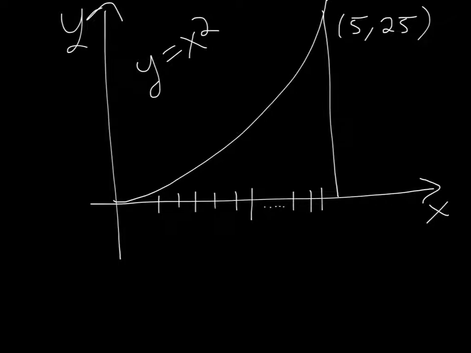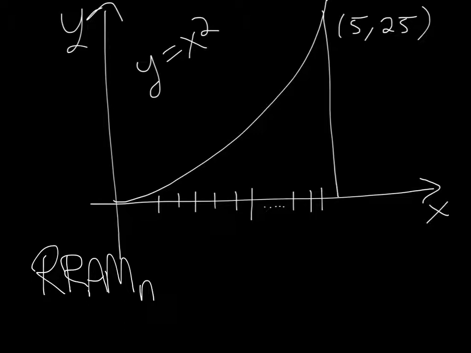I've redrawn our function y equals x squared, and we're going to create a rectangle above each little subinterval, where the height of the rectangle is determined by the right endpoint of the subinterval. So we are going to create an area using RRAM with n subintervals, a right rectangular approximation with n subintervals.